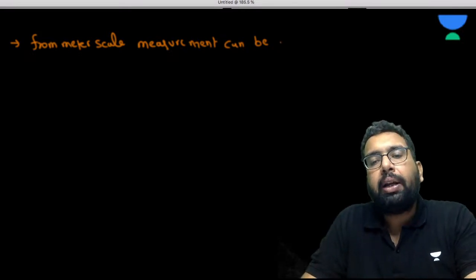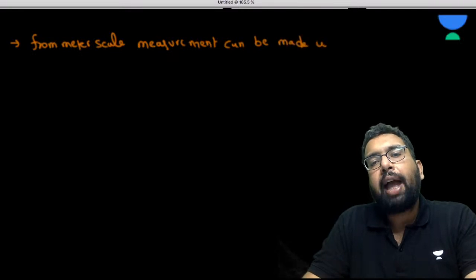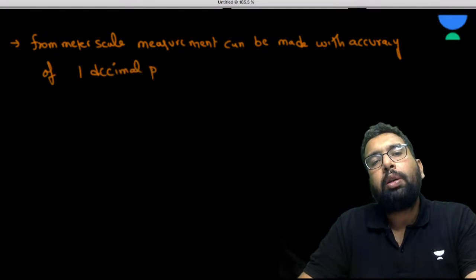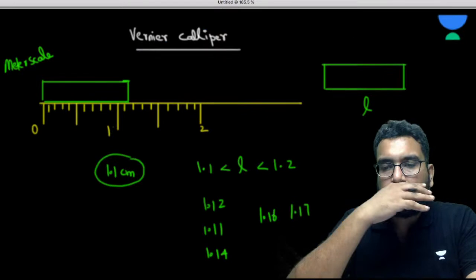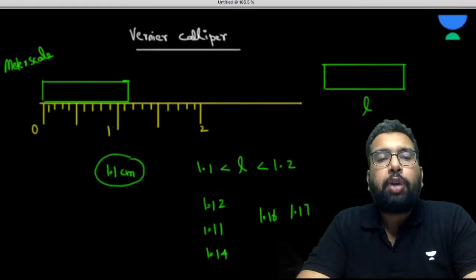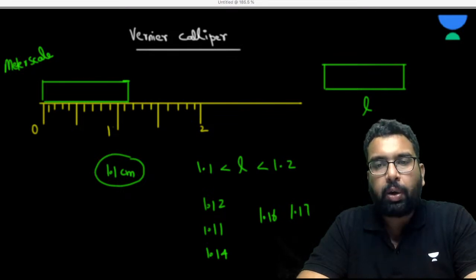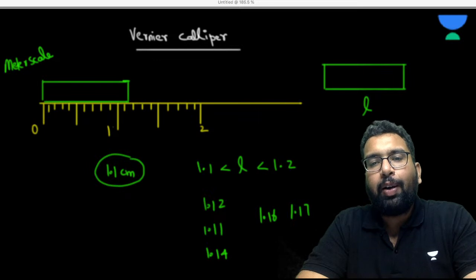Measurement can be made with accuracy of 1 decimal place, because you cannot accurately tell whether it is 1.12, 1.13, 1.14, 1.15, or what.